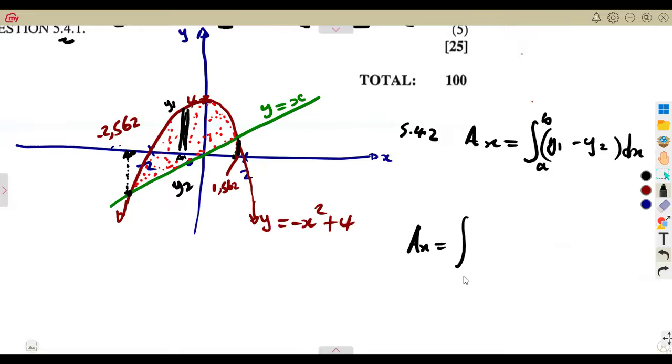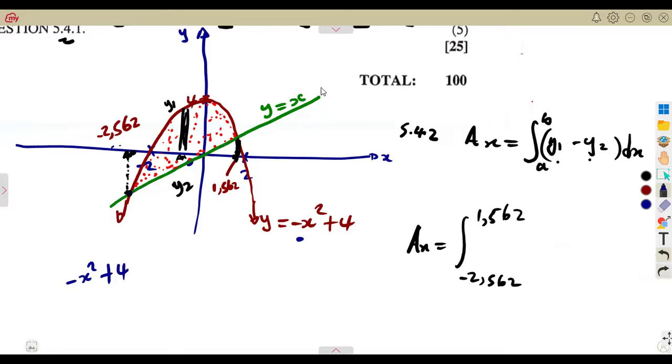So that is what you're going to have: from minus 2.562 to 1.562. y1 minus y2, that's the difference of the upper minus the bottom, which is minus x squared plus 4, the one on top, minus this one which is below, which is x.